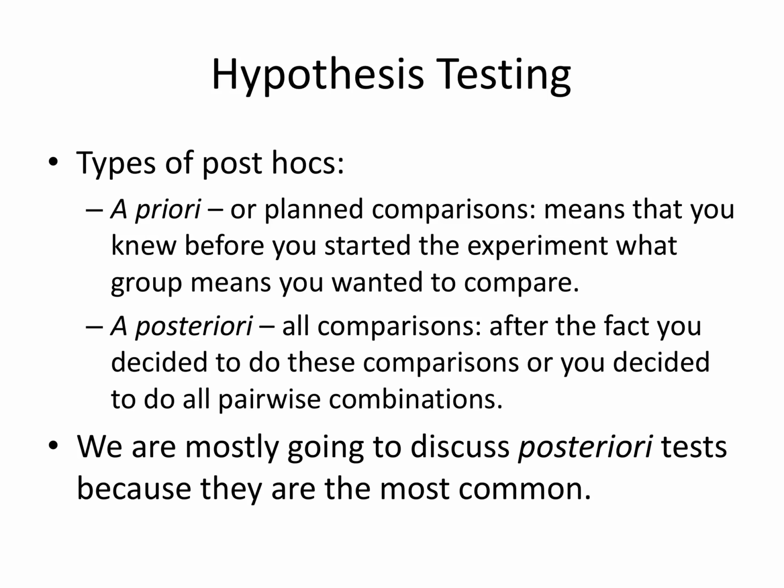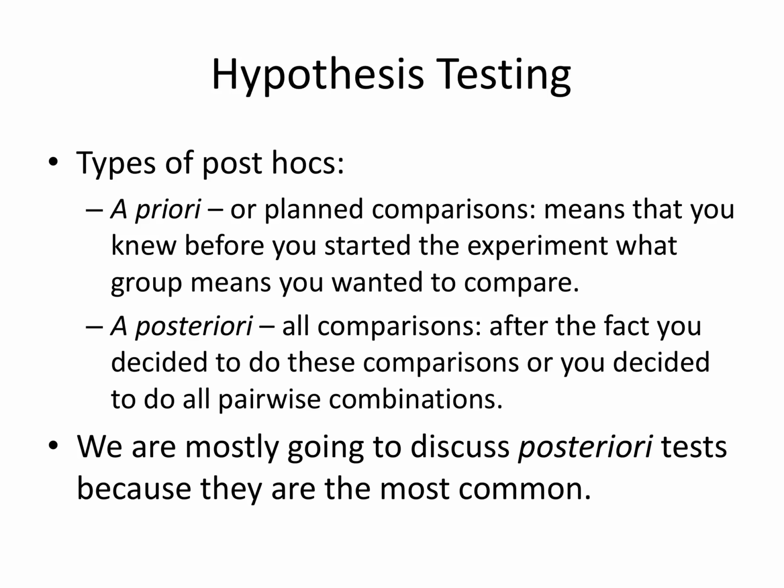There are a couple of types of post hoc tests. A priori tests, sometimes called planned comparisons, means that you planned out which tests you were going to run before you started the experiment. So I know I'm going to compare group 1 to 2 and 1 to 3, and I don't really care about 2 versus 3. A posteriori is all comparisons, and so kind of after the fact, you're like, let's just do all of them.